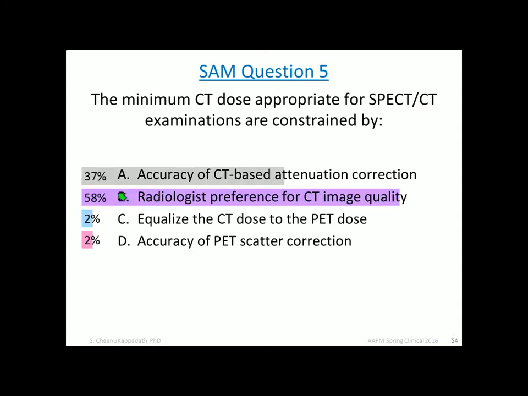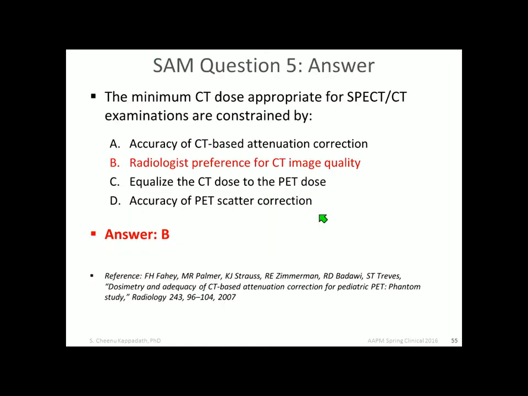It's good. Okay, I want to point out that for accurate CT-based attenuation correction, you can really dial your CT scanner down to the lowest possible, and it'll still give you good attenuation correction. SPECT accuracy is not compromised. So it is really driven by radiologist preference. There is a reference here that talks about that.